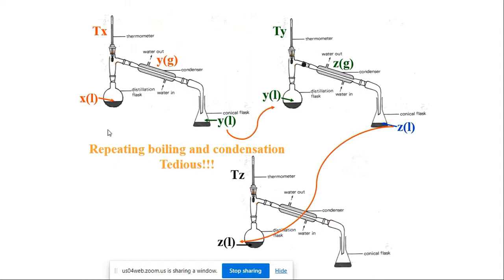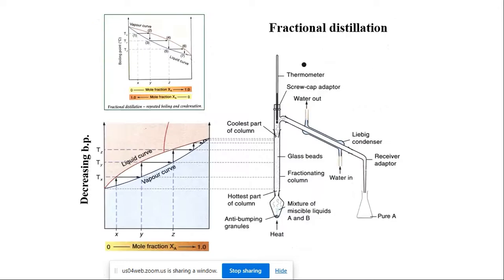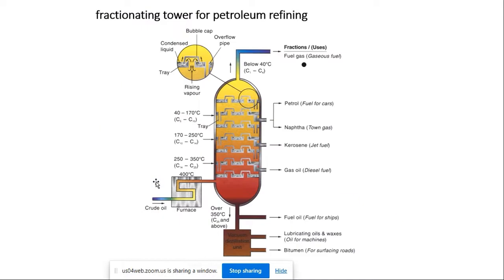This is a kind of distillation system, like you know, right? I don't want to explain. This is called fractional distillation, right? You have liquid and vapor phase. This is petroleum refining, right? First you get gas oil and then kerosene, naphtha, petrol.